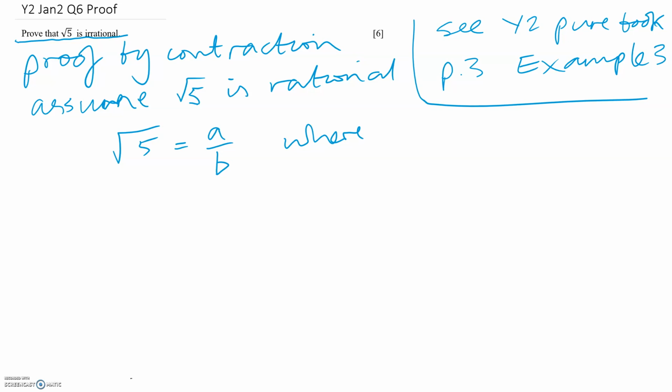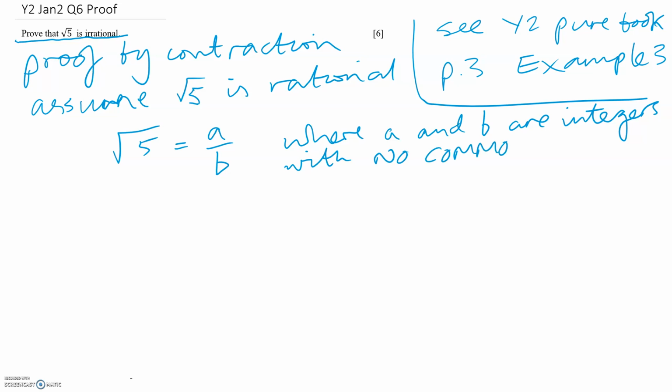That will become important later on, so make sure you write that down when you're doing your proof. So where a and b are integers with no common factors.